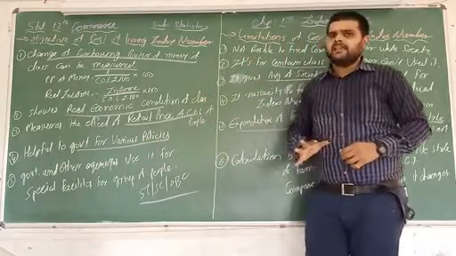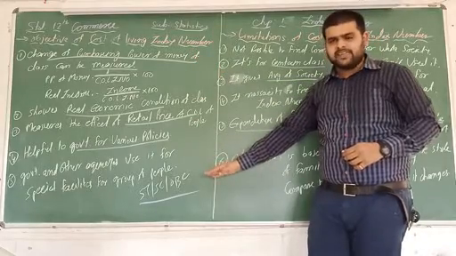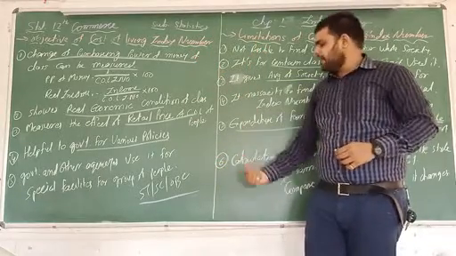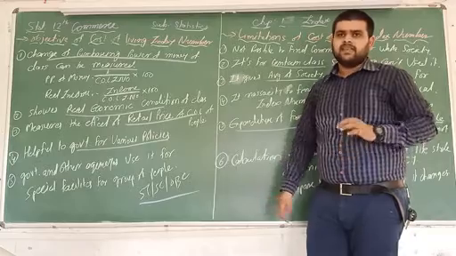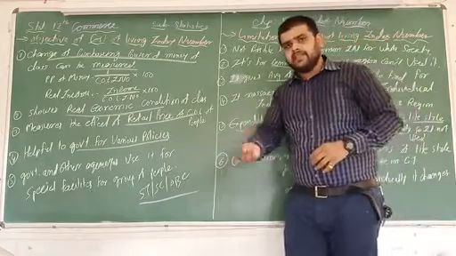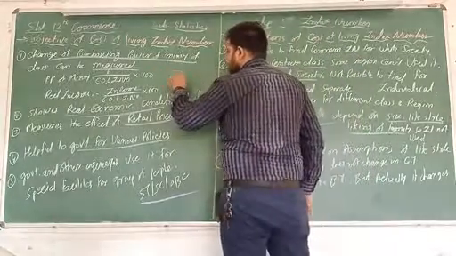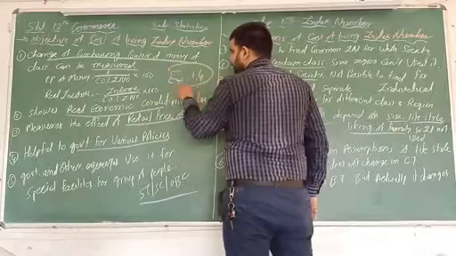Then there is a theory part, in which we discussed 5 objectives and 6 limitations. After this theory, the next topic is exercise number 1.4.